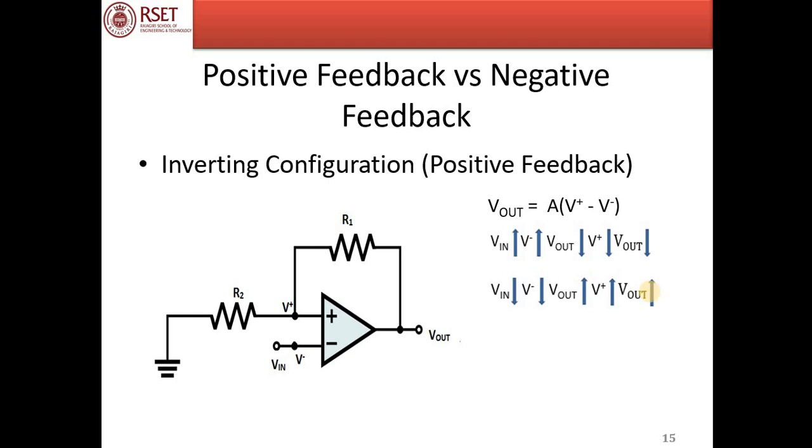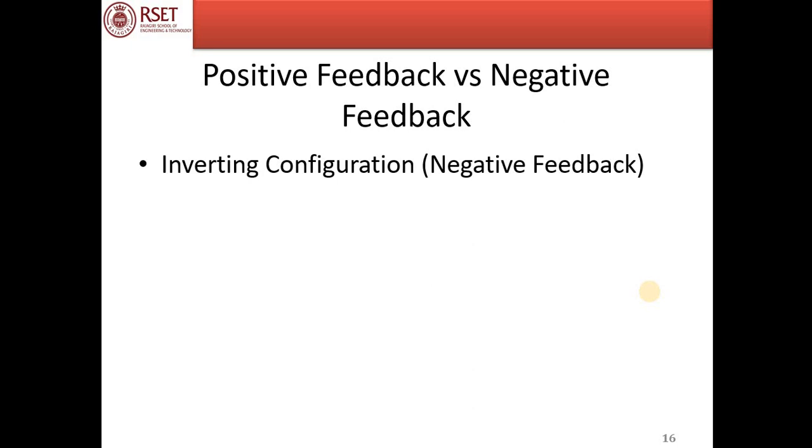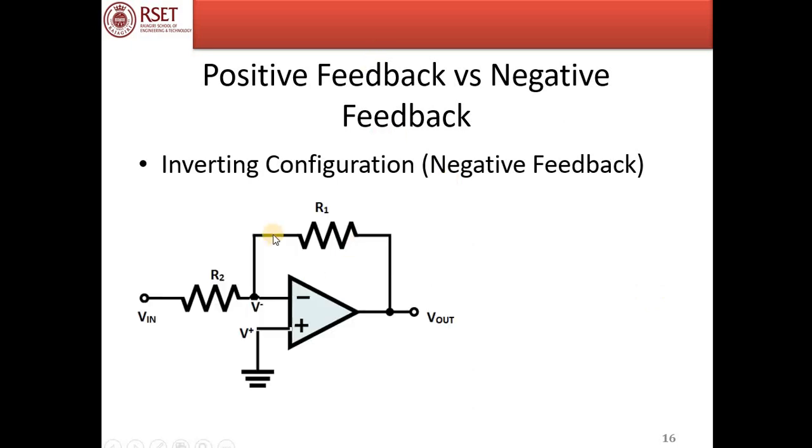Now let us consider the same inverting configuration with a negative feedback to understand the difference between positive and negative feedback. This is an inverting configuration with a negative feedback. Input signal is applied to the inverting terminal. Feedback is also applied to the inverting terminal. The non-inverting terminal is grounded. As in the previous case, V output is equal to A times V plus minus V minus.